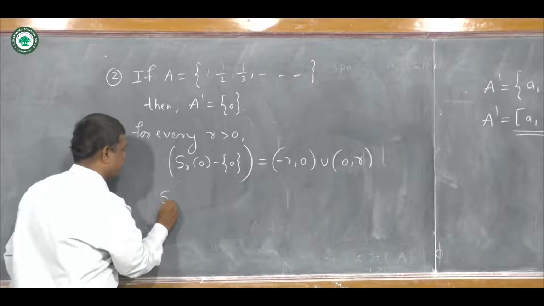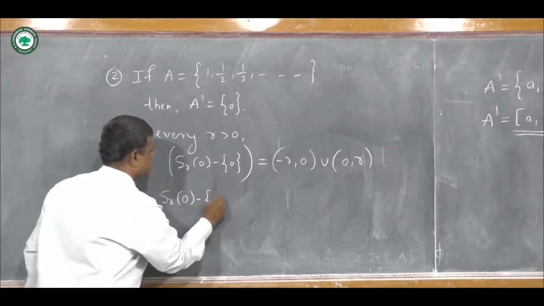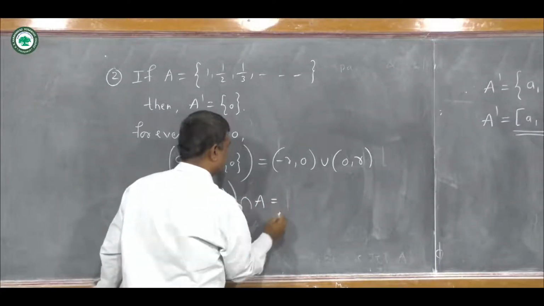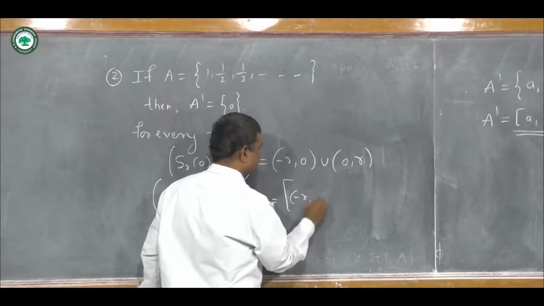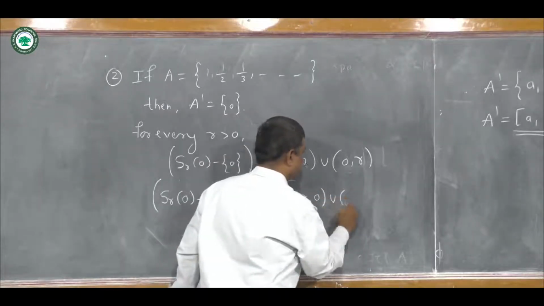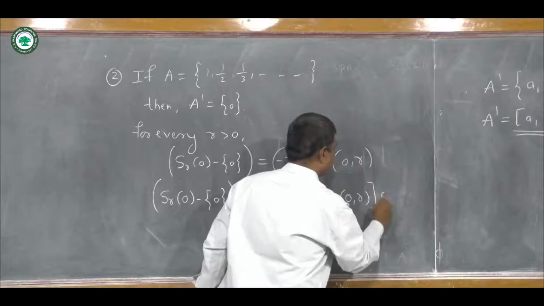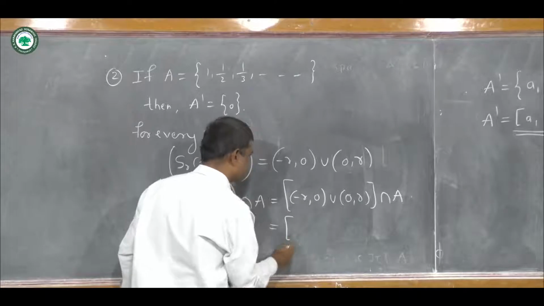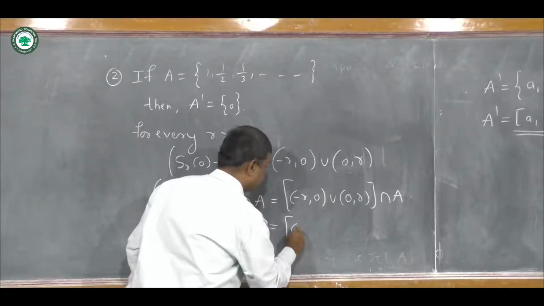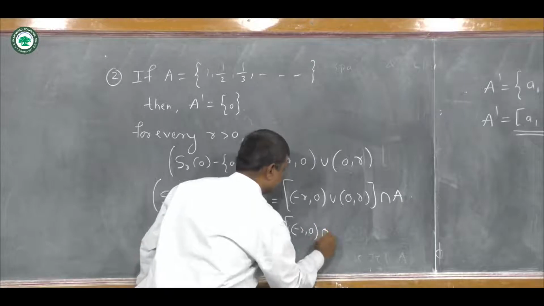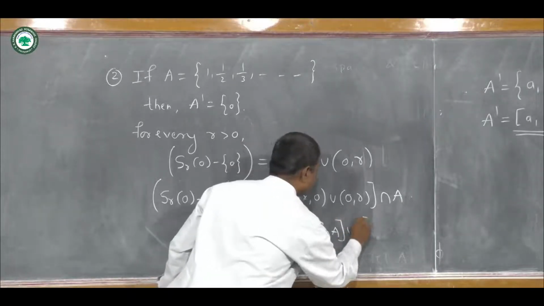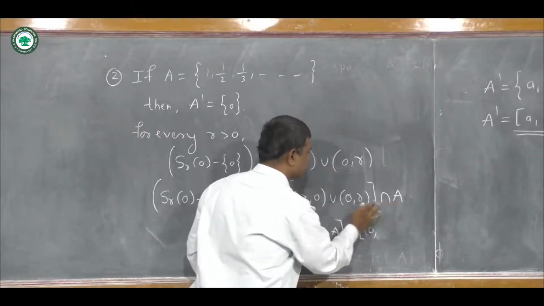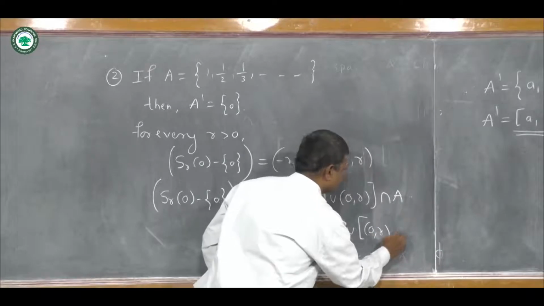Then if you take the intersection of this set with set A, we write the intersection of set A with the open interval minus r to 0, union, in this bracket, the intersection of set A with the open interval 0 to r.